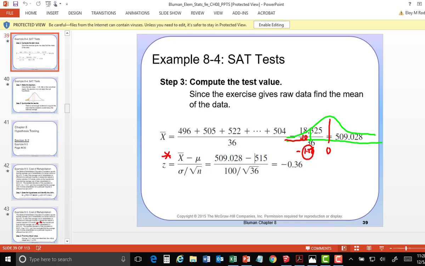Minus 0.36, if this is minus 1, you can see it's pretty close to around here. You see where the test statistic is hitting? It hits to the right of minus, remember this thing was minus 1 point, what was our critical value there?